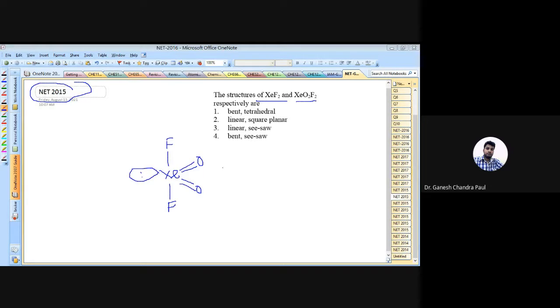So it is seesaw type of structure, right? And on the other hand, in case of xenon dichloride, as you know, it is linear structure, because the lone pairs are present basically. So linear and seesaw. Option C is the correct answer. Very good. Next.